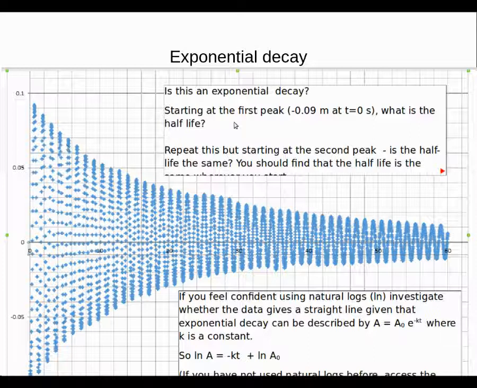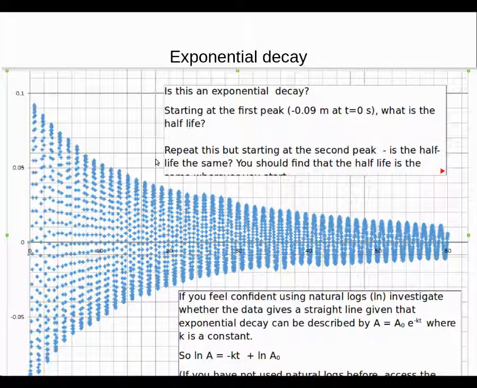Now, the heading for this is exponential decay, and that's because the curve mapped out by the changing amplitudes follows a mathematical curve called exponential decay. At this stage, we haven't done a lot of exponential work.